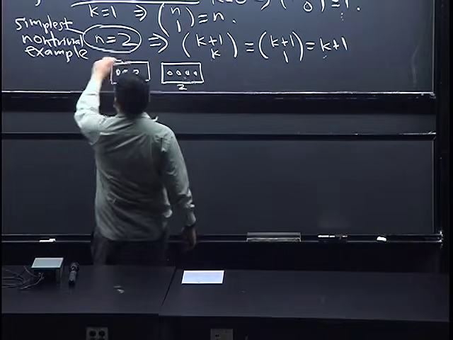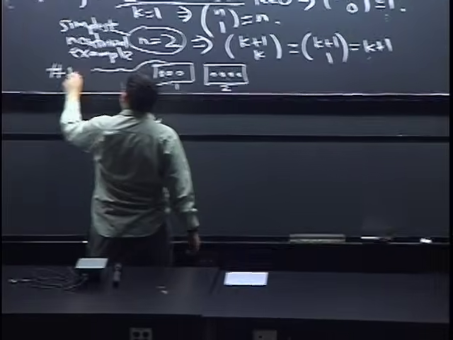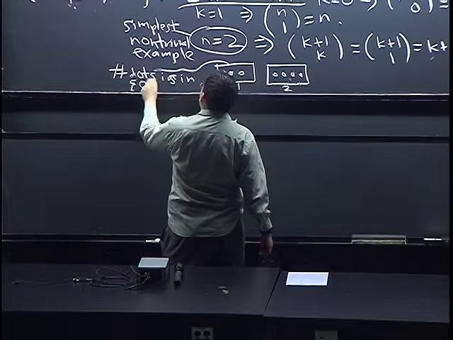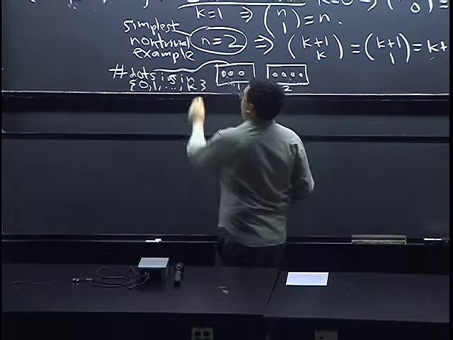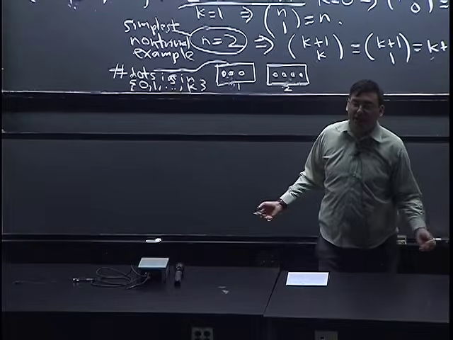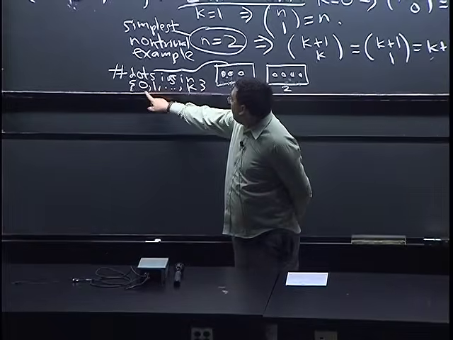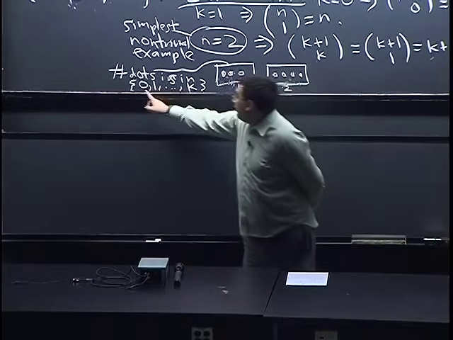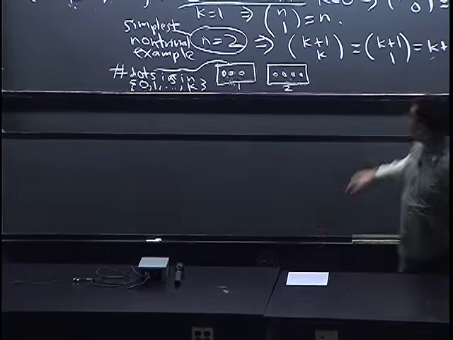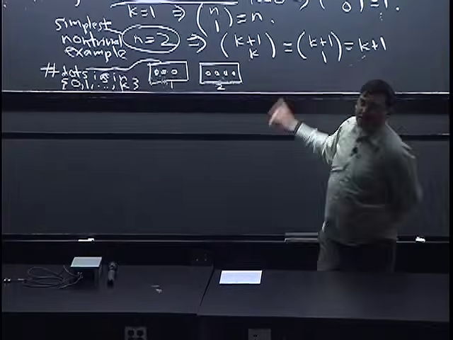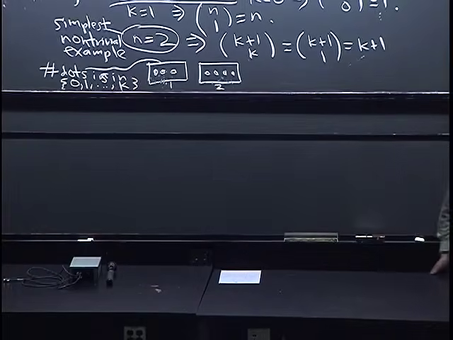So the number of dots here is in the set 0, 1, up to k, because I have k dots. In my example, k is 7, but k could be whatever. However many are in here, it could be that they're all in here or none of them or anything in between. So there are k plus 1 possibilities. So just by thinking of these two boxes, that gives a direct proof that this is correct in this case. So that gives some comfort.